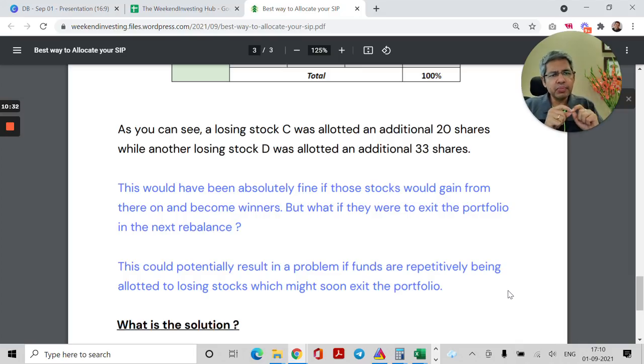We may lose very incremental amounts because our incremental SIP is coming in, and on that some incremental loss may happen. But nevertheless, the logic should work to our favor in all situations.